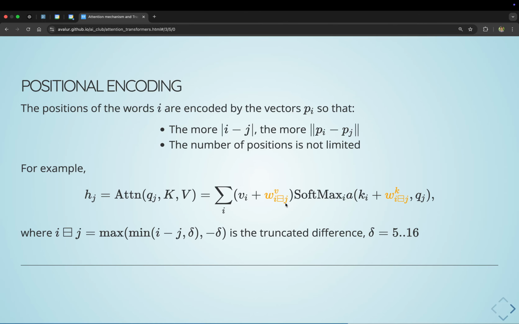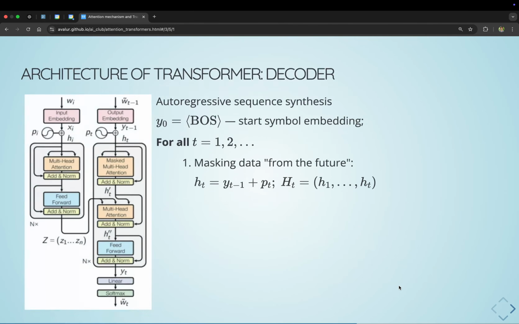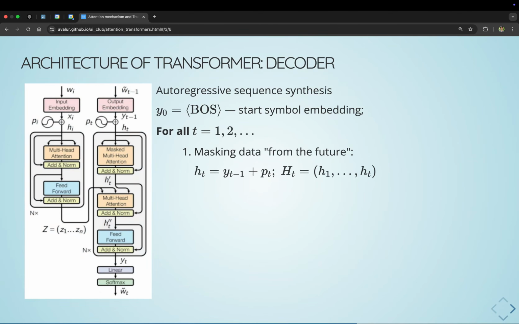It is just the information about the relative position of token or word xj inside the input sentence. That's why we add a little bit more parameters in our model, and again we train it end-to-end during the classification task. It is called self-attention with relative position representations. It's not the version from the original paper, but it is maybe the most popular variant.